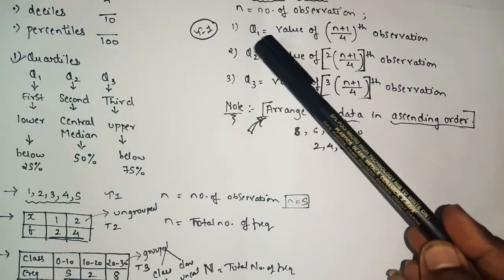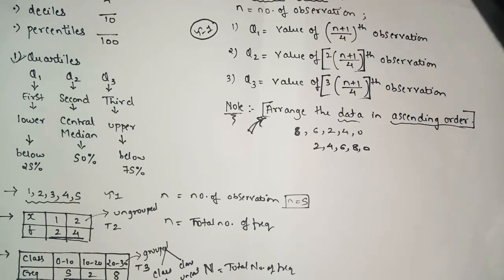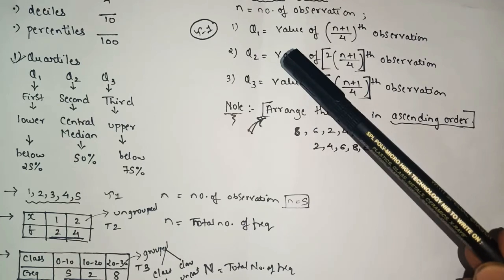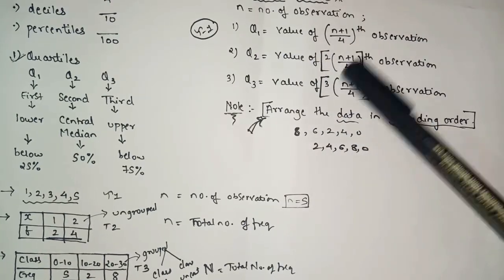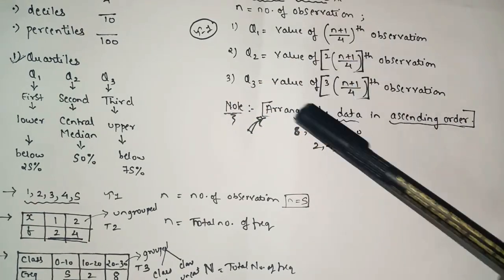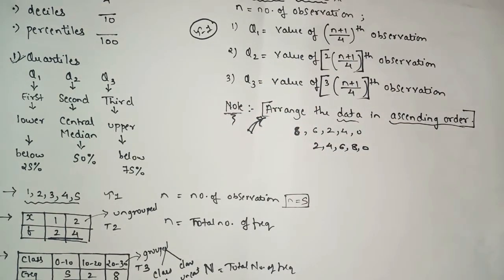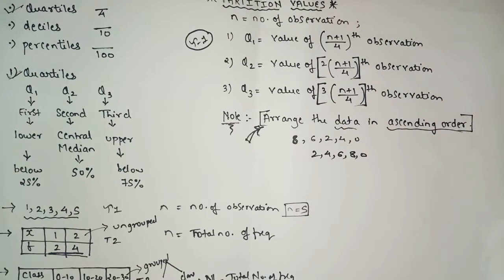The first one is Q1. The formula is value of (n plus 1) upon 4 th observation. Q2 is equal to value of 2 times (n plus 1) upon 4 th observation, and Q3 is equal to value of 3 times (n plus 1) upon 4 th observation, where, as I told, n is known as the number of observations.